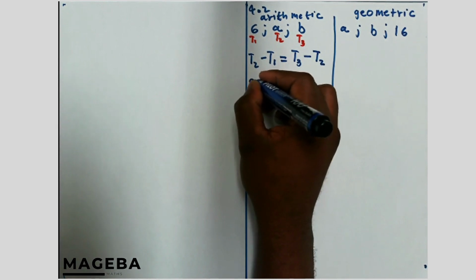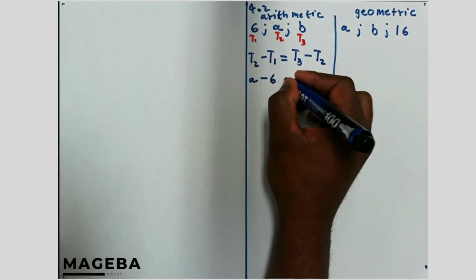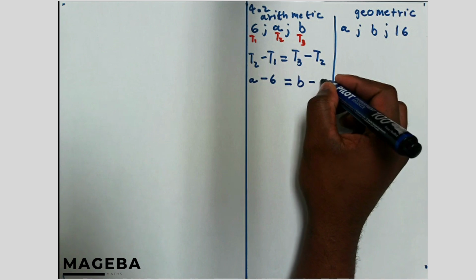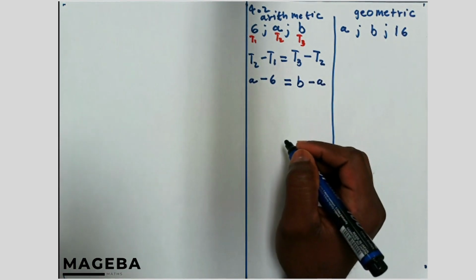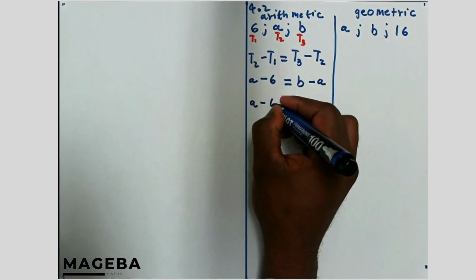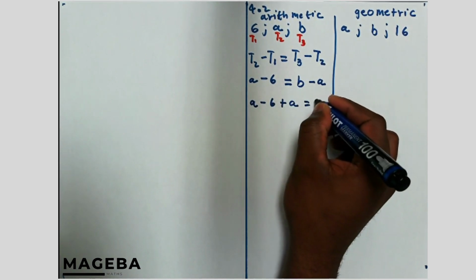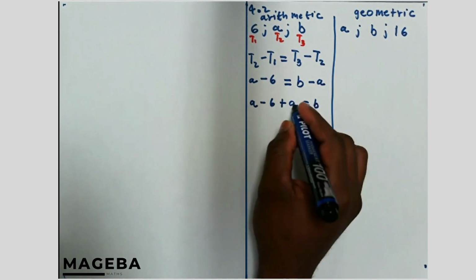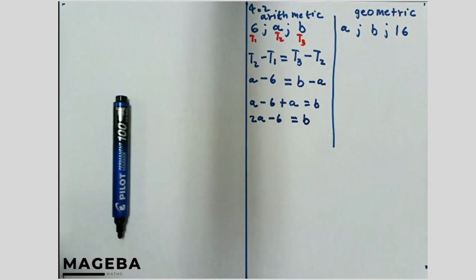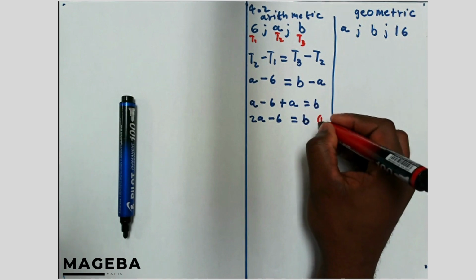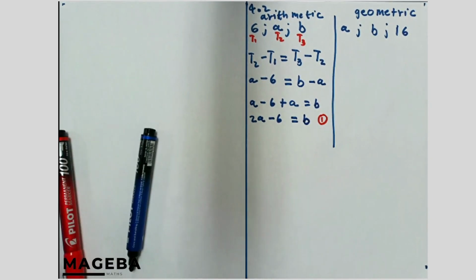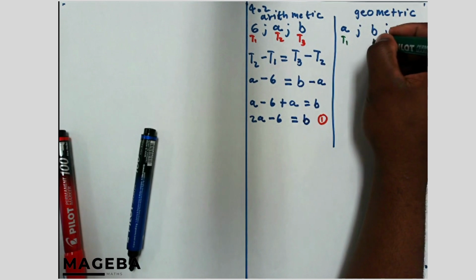Then T2 is A minus T1, which is 6, equals T3, which is B, minus T2, which is A. Now I can make B the subject of the formula, taking this A to the other side: A minus 6 plus A equals B. Simplify: A plus A is 2A minus 6 equals B. This is my equation number 1.